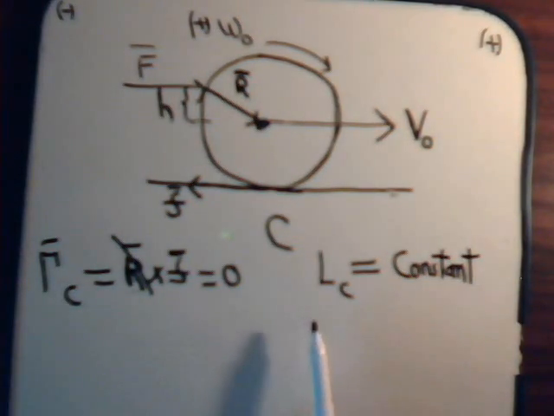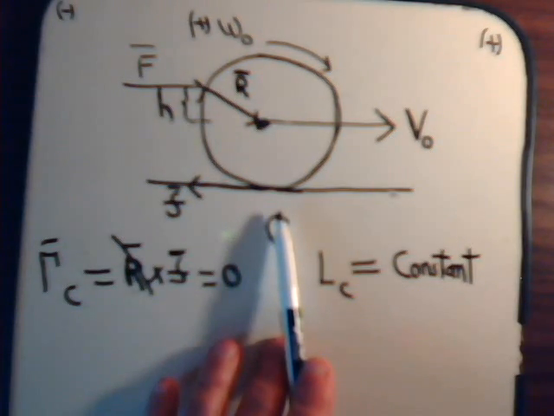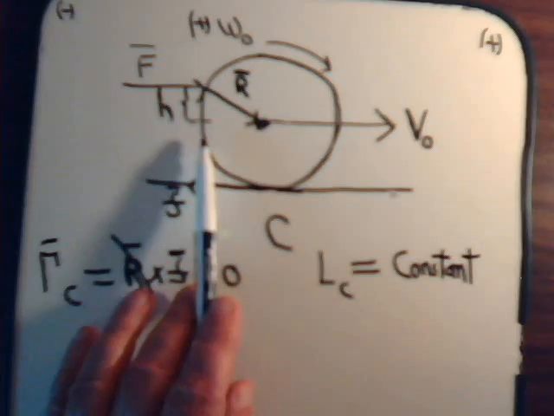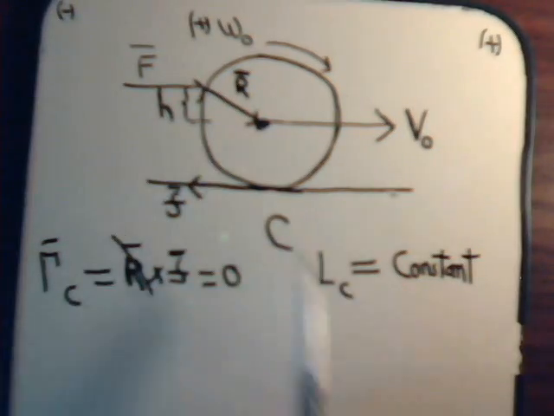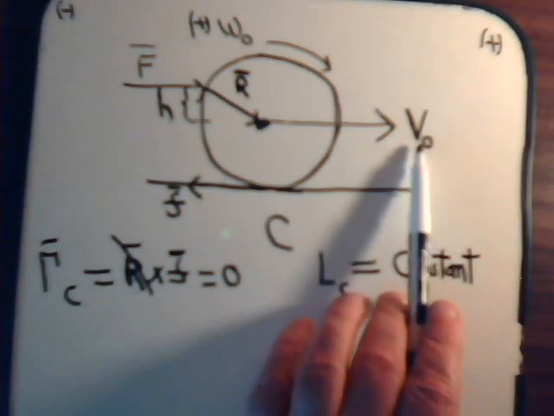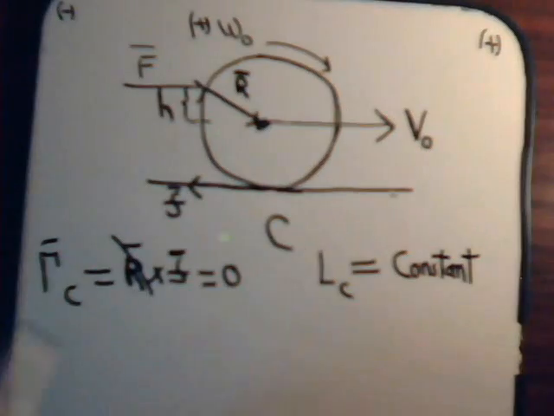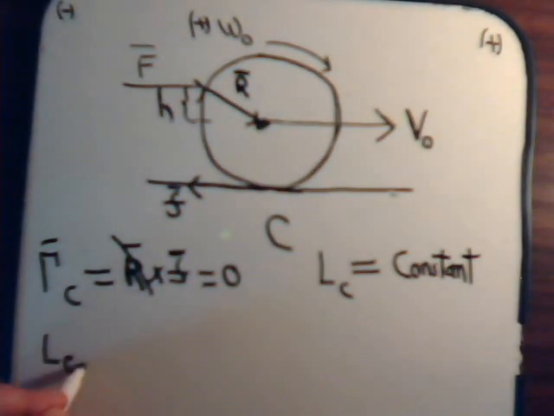Now, let's consider the angular momentum about point C immediately after the ball is struck, when it has this linear velocity and this angular velocity. We'll call that the initial angular momentum.